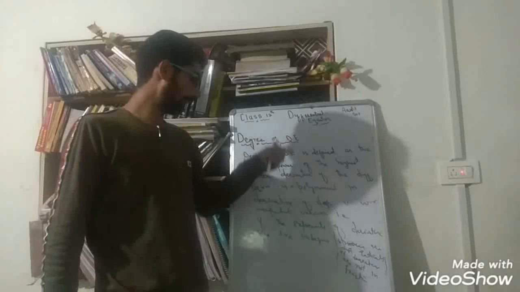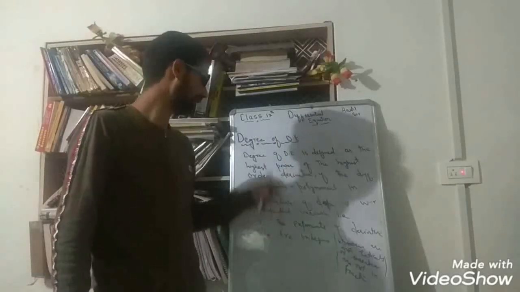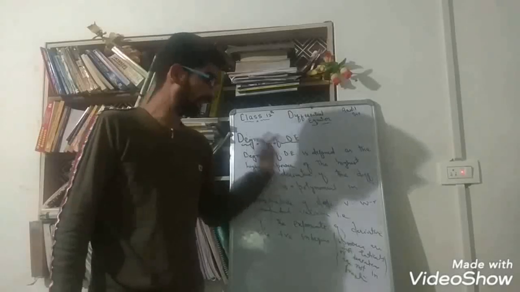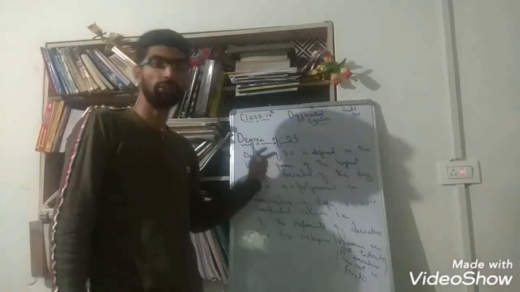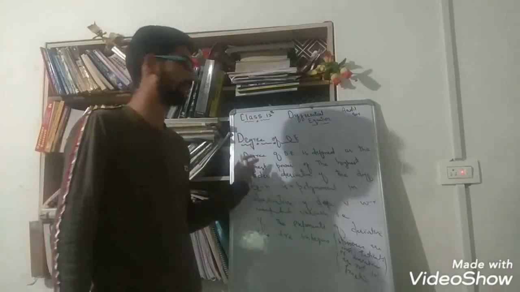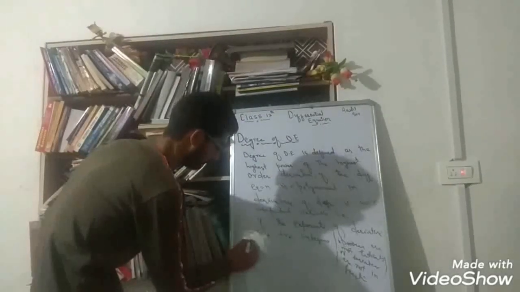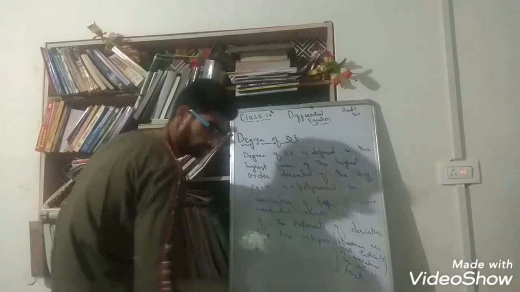If the exponent in the differential equation is a radical, not a positive integer, then we cannot determine the degree at that time. For example, I will give you an example.